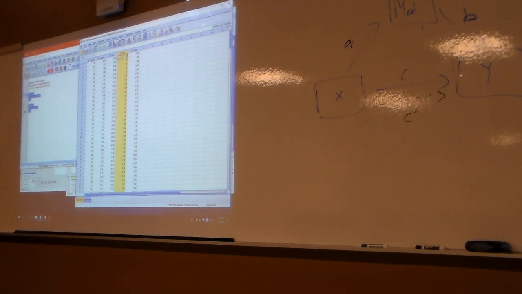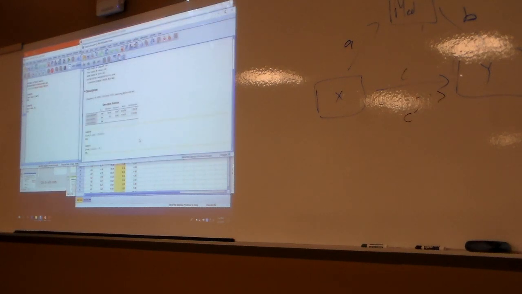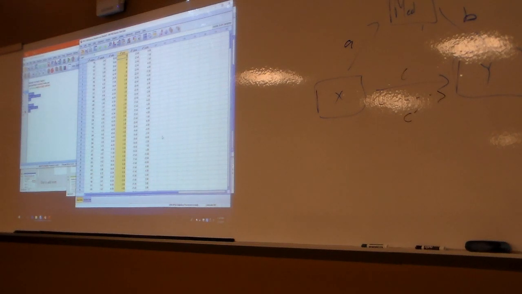Have to name it something different. There we go. Okay. There I've got my two centered variables. You've been doing this for the past 4 weeks.